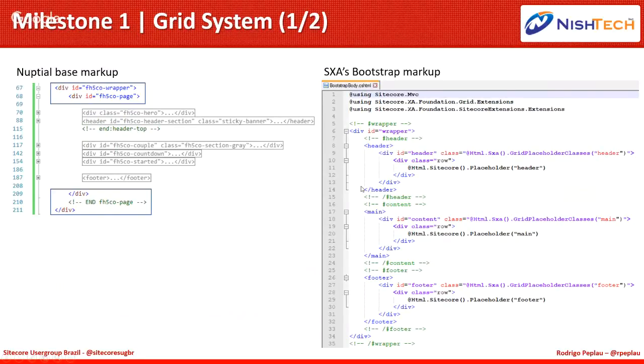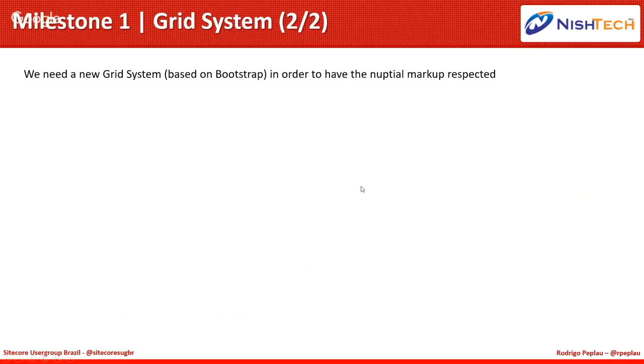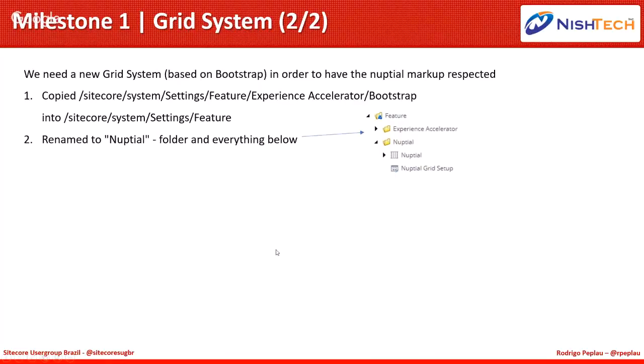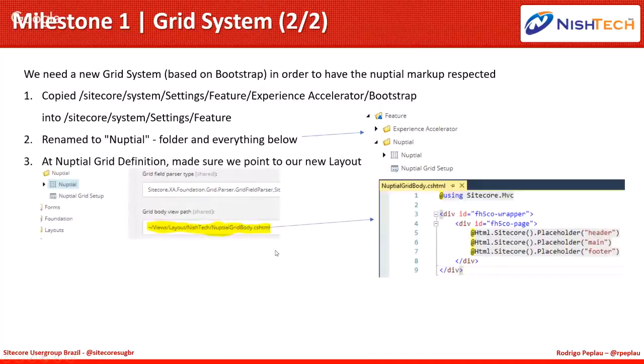So this is why we created a grid system based on Bootstrap. Of course, we use the existing Bootstrap grid system and basically duplicate it so we can create our grid system. Rename that and modify this property, grid body view path, so we point to our new CSHTML file, right?